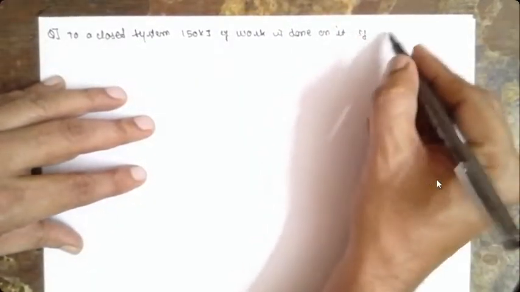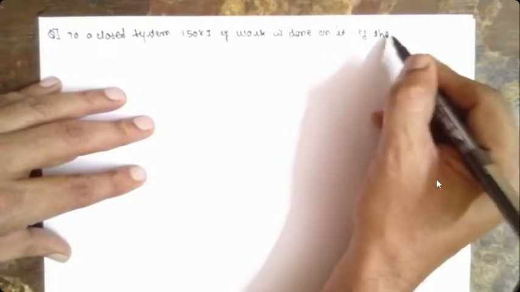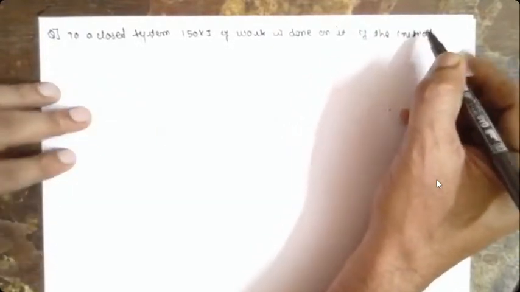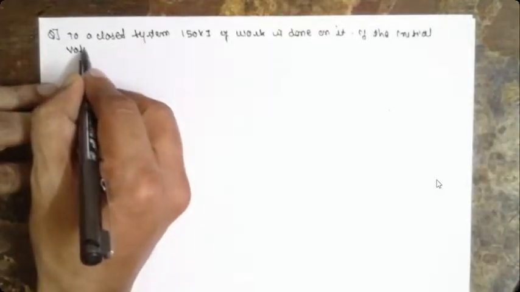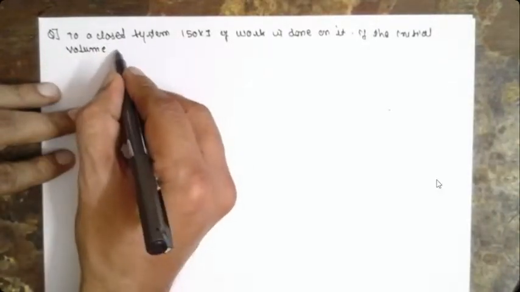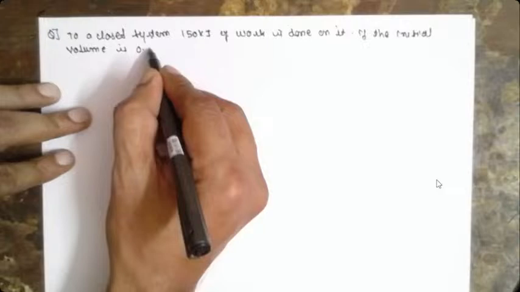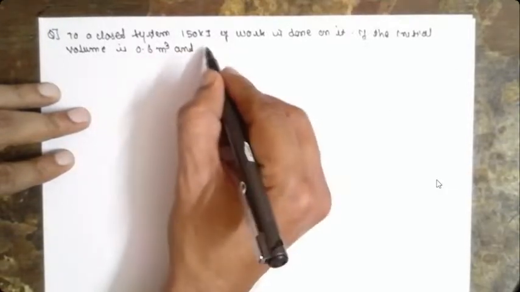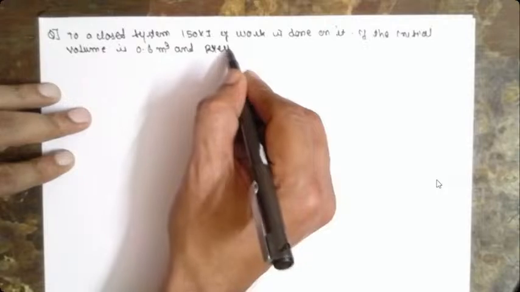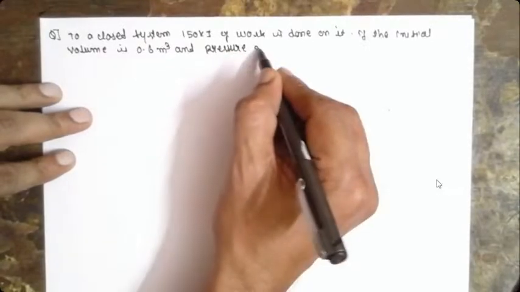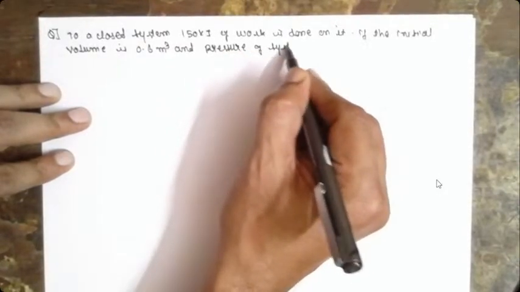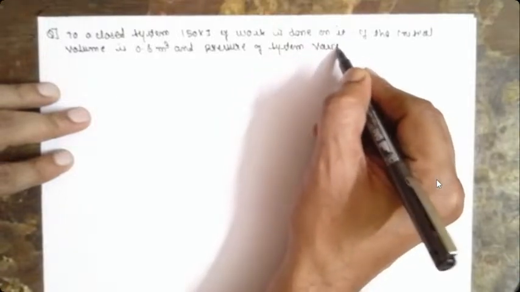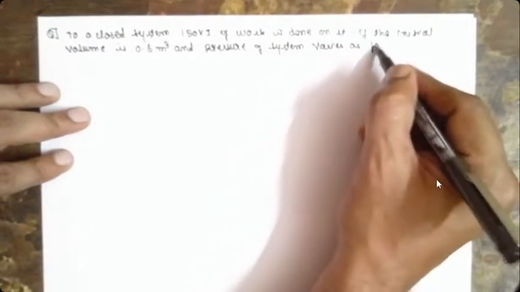If the initial volume is 0.6 meter cube and pressure of system varies as follows.